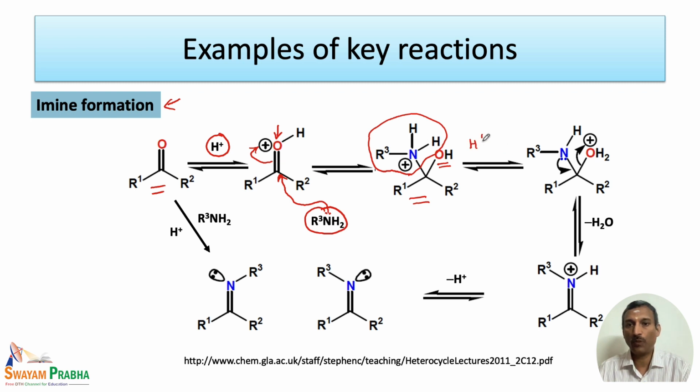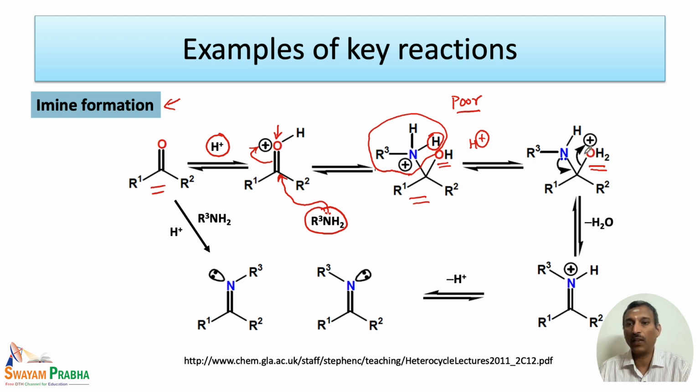Then a proton transfer takes place. In many of these reactions, proton transfer is a very, very crucial step. That means one of the hydrogens from this amino nitrogen is shifted to the hydroxy group. Why this happens is basically that OH is a very poor leaving group. To make the poor leaving group a good one, a proton simply adds to this hydroxyl group, which makes H2O plus, and this H2O plus is a very good leaving group.